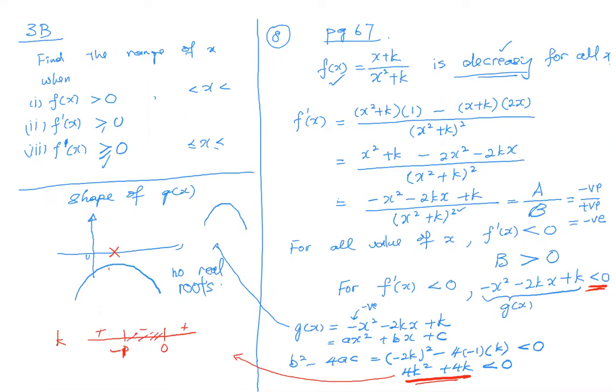Therefore, in conclusion, the k must be between negative 1 and 0. This question is a very difficult question. Can it come out in your final? Yes. Can it come out in your test? Definitely yes. You get me?